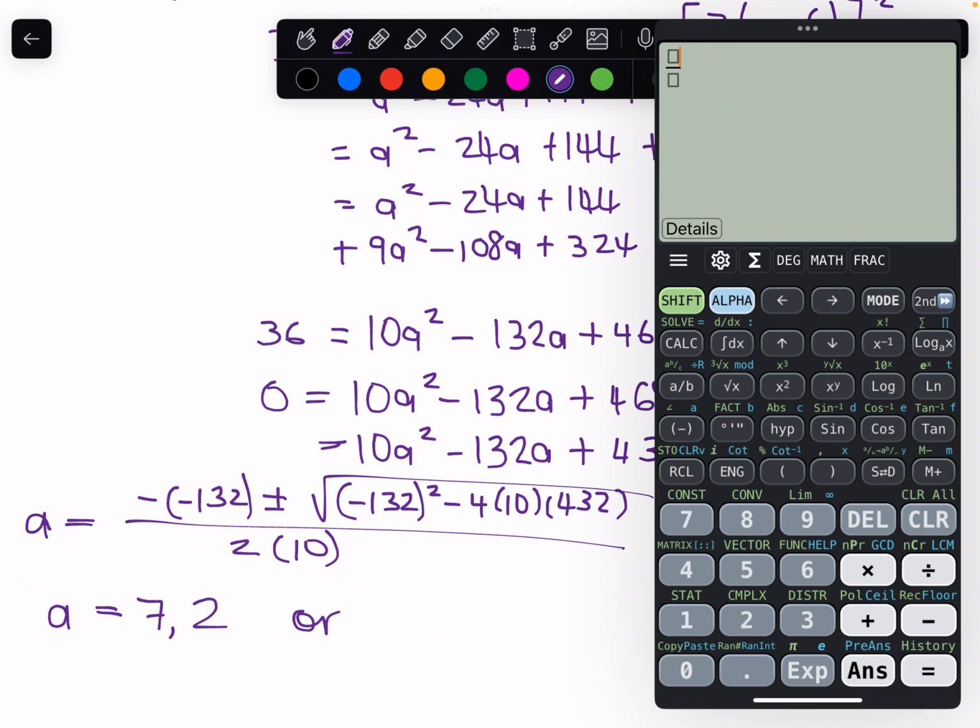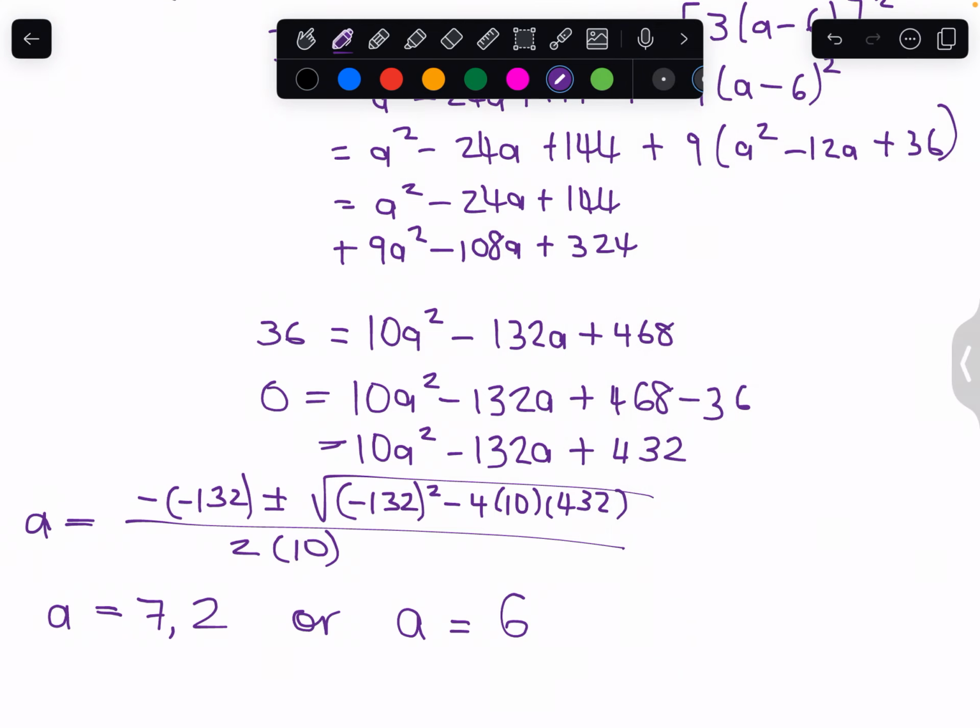Anyway, now I have to type this again, looking at the minus solution. And over there we get a is equal to 6. Right. Well, okay. So those are our solutions for a.